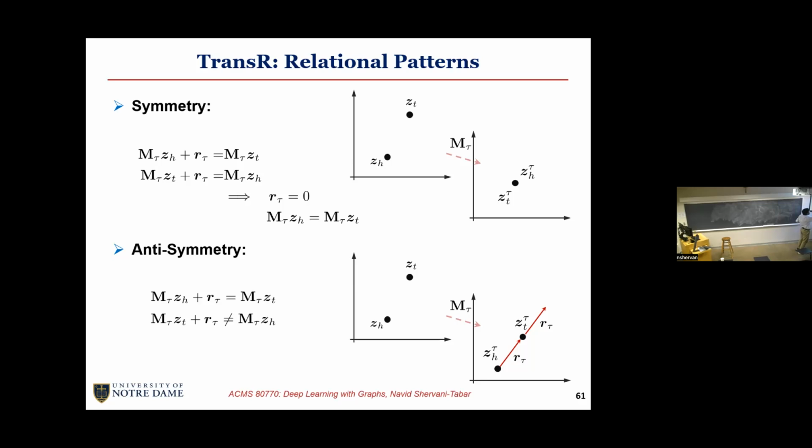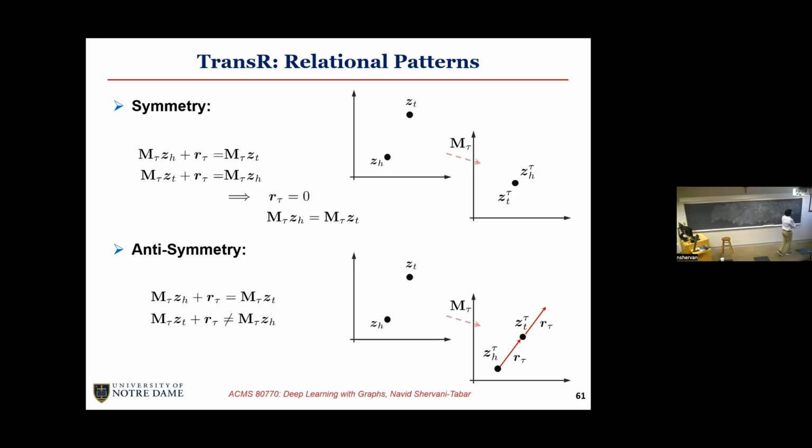And then I learn some relation, R tau equal to 0 embedding, so that only in this particular relation, their embeddings are projected on top of each other. But then again, ZH and ZT are not on top of each other in general. So we don't have the same problem that we had with trans-E.